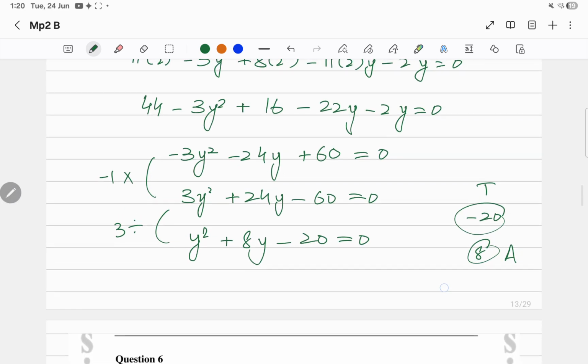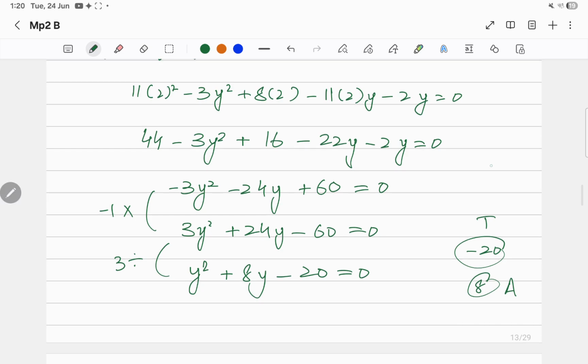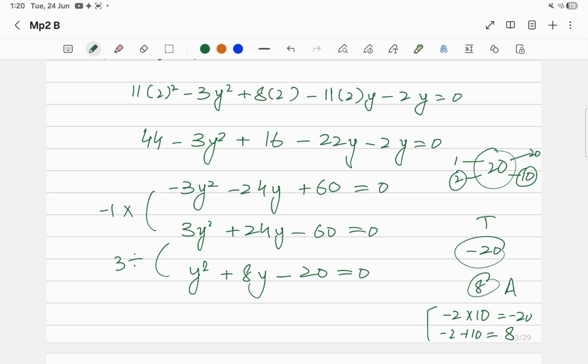If you consider the factors of 20, 2 times 10 is 20, so 2 and 10 is the correct pair. Minus 2 times 10 is minus 20, and minus 2 plus 10 is positive 8. So these are the correct numbers, minus 2 and positive 10.